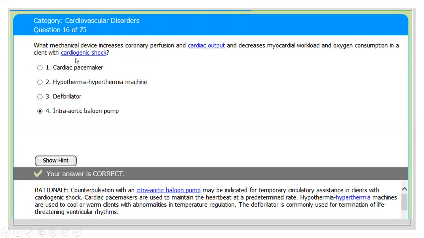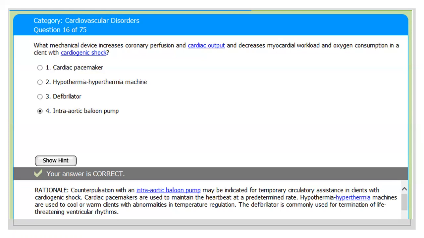Cardiogenic shock is a condition where the heart is unable to pump enough oxygen-rich blood to the body organs. And it causes chest pain, or pain or discomfort in the left arm, trouble breathing, sweating, fast or irregular heartbeat, right? I said cardiogenic shock.